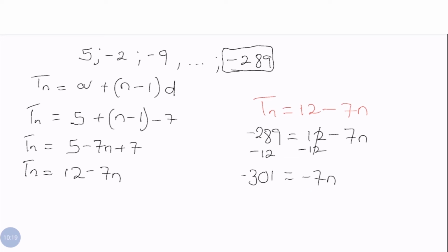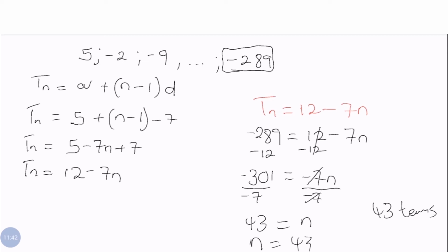Now we divide by -7 on both sides. -301 divided by -7 gives 43, so n is equal to 43. Therefore, we have 43 terms in the pattern.